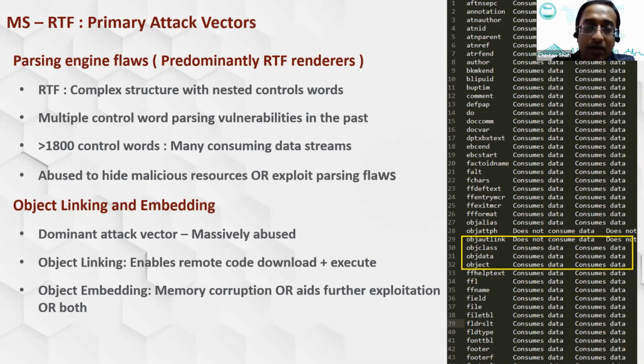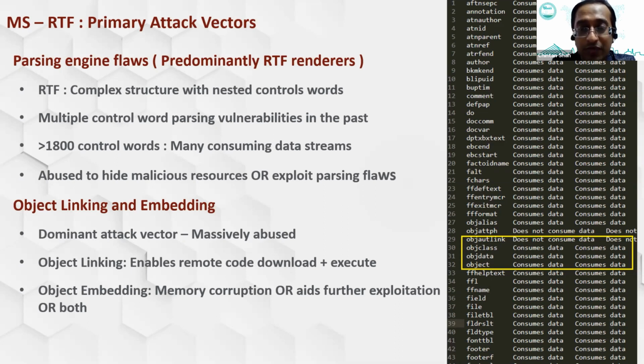The other primary attack vector is object linking and embedding. As we discussed a few slides back, this has been a massive attack vector. It has been exploited heavily in the past by attackers, and most of them have been logic flaws where attackers were able to exploit one or another parsing vulnerability or logic flaw in the OLE control. OLE allows an attacker to link to an external object.